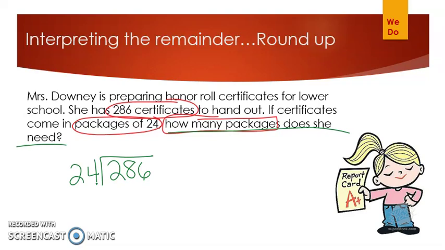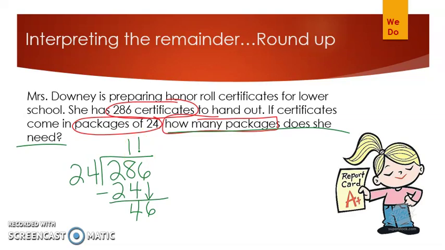So we have 24 goes into 28 one time. 24 times 1 is 24, and we're going to subtract, and we will have 4, and we're going to bring down our 6. Next, we're going to ask ourselves, how many times does 24 go into 46? And it's actually going to be only one time, because if we did it 2 times, we would come up with 48.